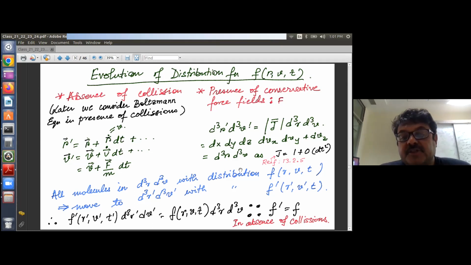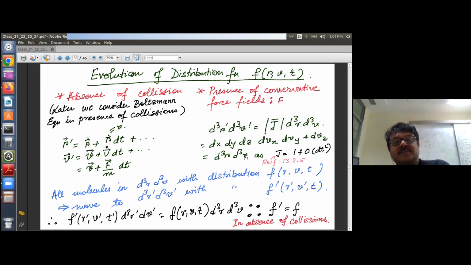Now, it can be shown, and it has been shown in section 13.2.5, that if you consider d3r dash and d3v dash for small values of time, ignoring terms of order t square, then d3r dash d3v dash, the unit volume in the 6D space, is equal to d3r d3v.